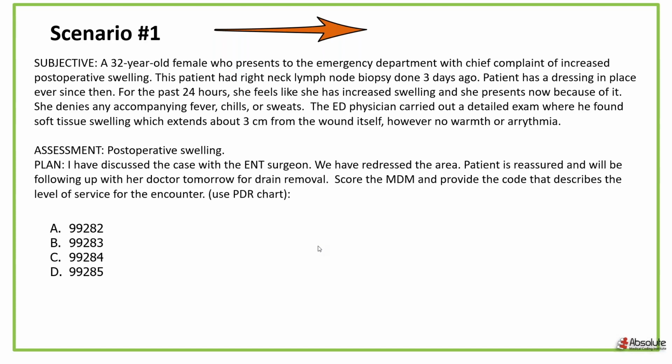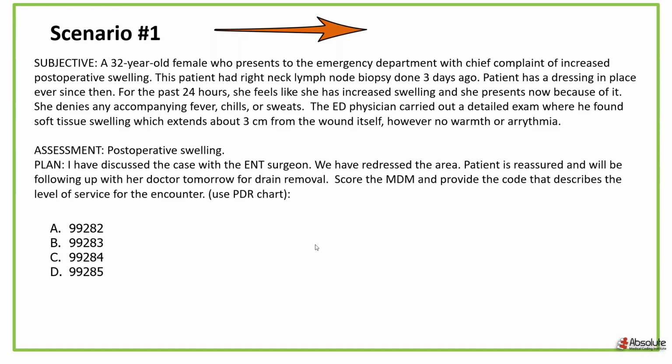She denies any accompanying fever, chills, or sweats. The ED physician carried out a detailed exam where he found soft tissue swelling, which extends about 3 centimeters from the wound itself. However, no warmth or erythema.